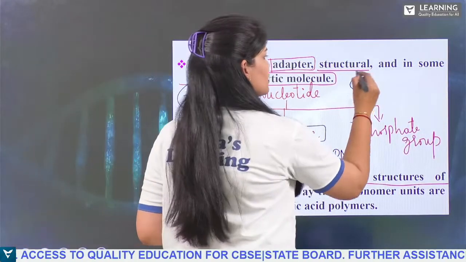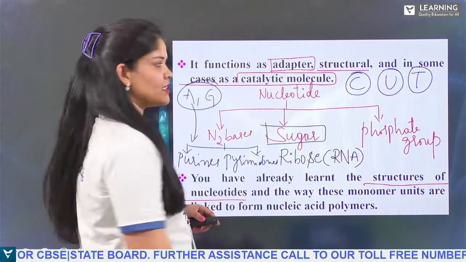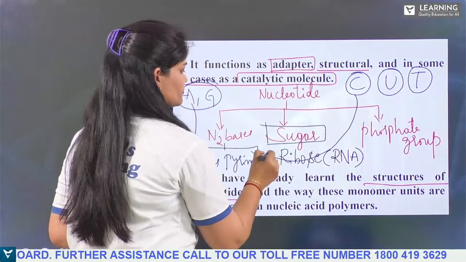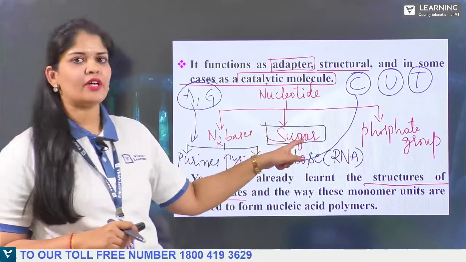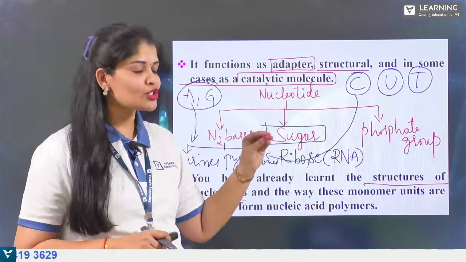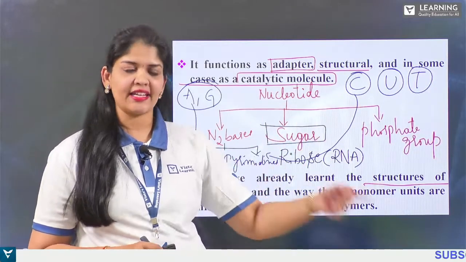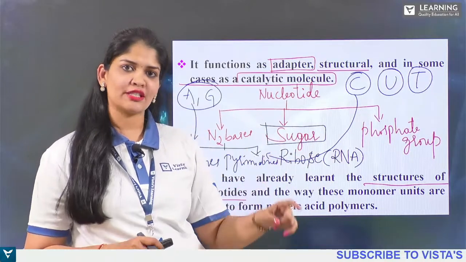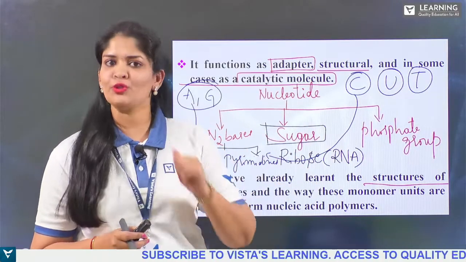Cytosine, uracil and thymine come under pyrimidines, right? So we have a pentose sugar, that means a 5-carbon sugar, and that sugar is ribose. Ribose is the sugar in RNA, whereas deoxyribose is the sugar in DNA. That is how we got the name deoxyribonucleic acid.